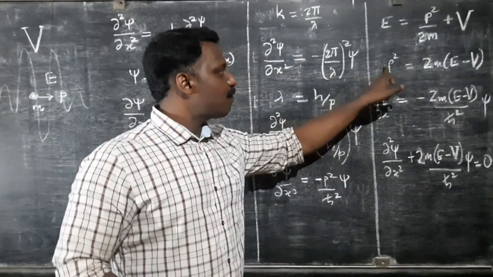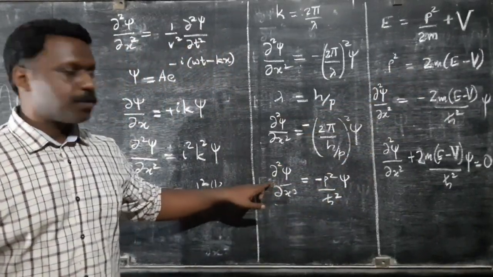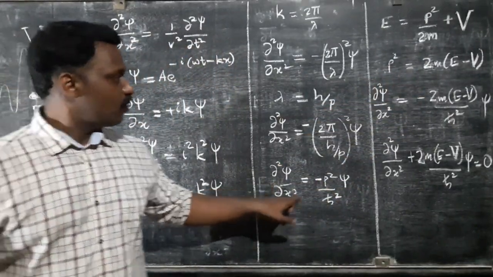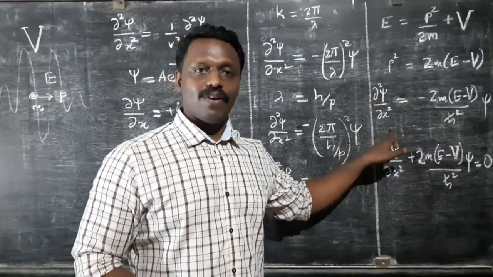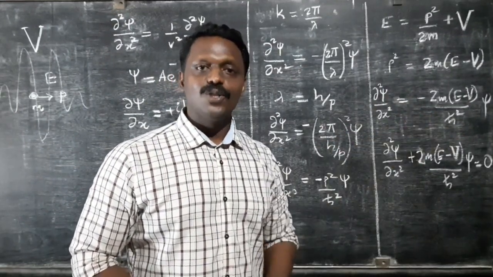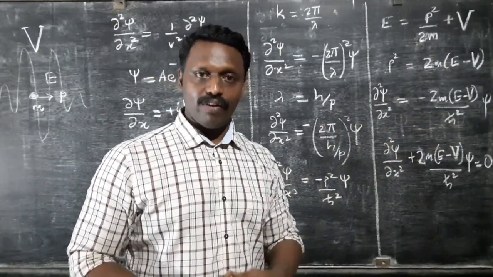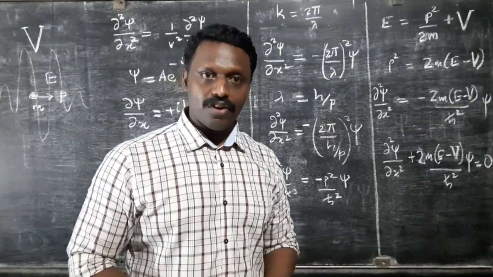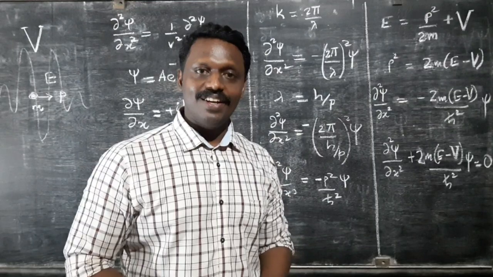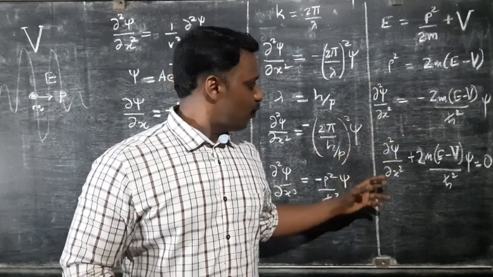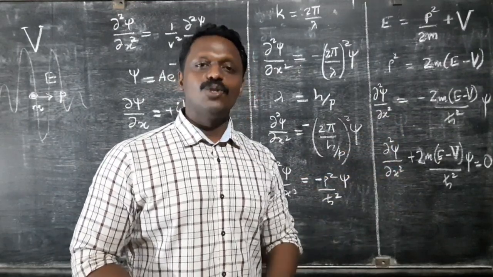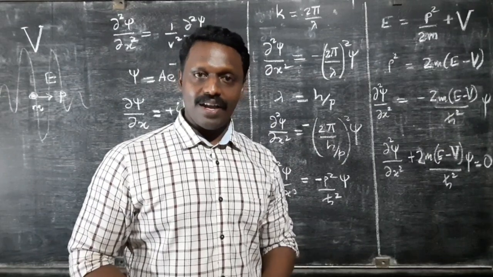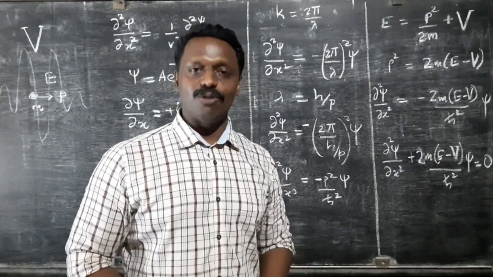The value of p² can be substituted in this equation, so that ∂²ξ/∂x² = -2m(E - V)ξ/ħ². This is the time-independent Schrodinger equation, which can be modified and written as ∂²ξ/∂x² + 2m(E - V)ξ/ħ² = 0.